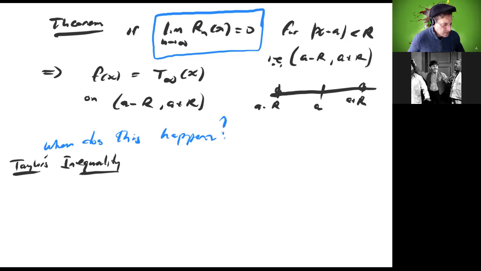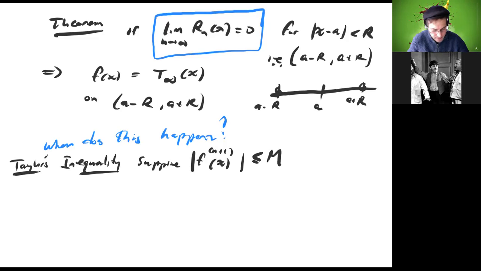Okay, so it goes like this. Suppose the n plus first derivative of the function f of x, we take its absolute value, is bounded by some number M on some interval, on some |x minus a| less than some number. Let's call the number, the book calls it d. In other words, on a minus d, a plus d.